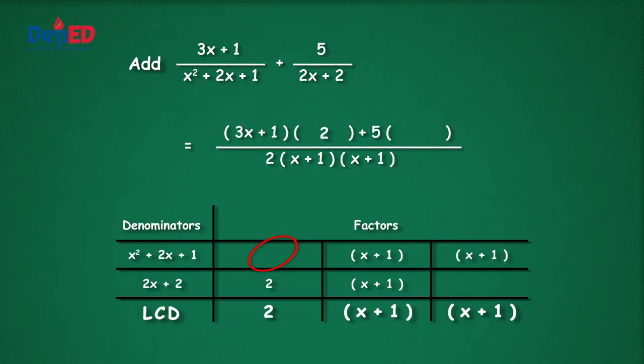How about 5? Check the row 2x plus 2 earlier. Which expression is missing? Very good. We will have 5 times the quantity x plus 1. Let us now simplify.